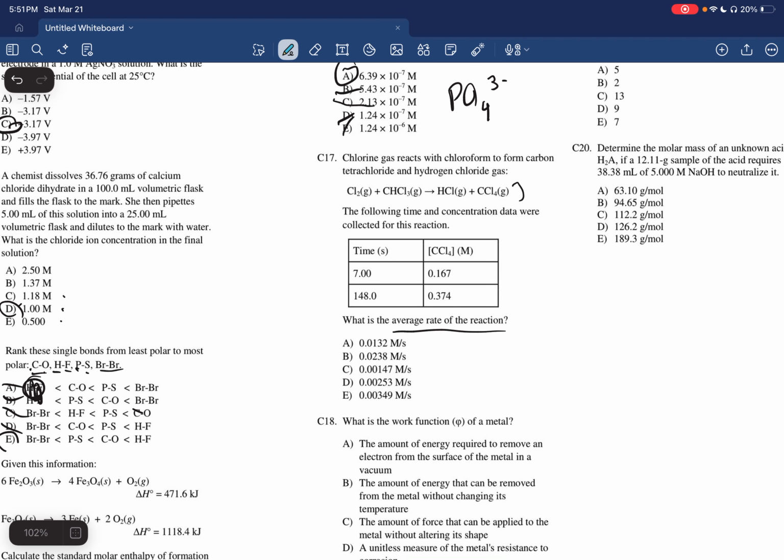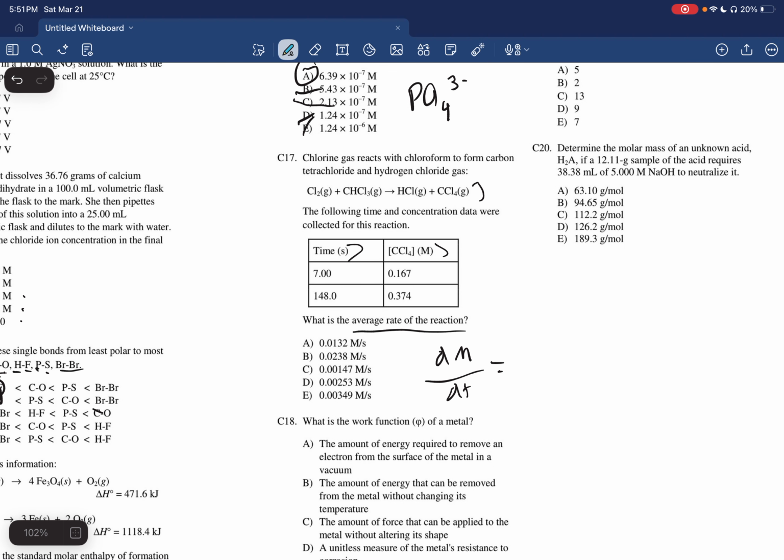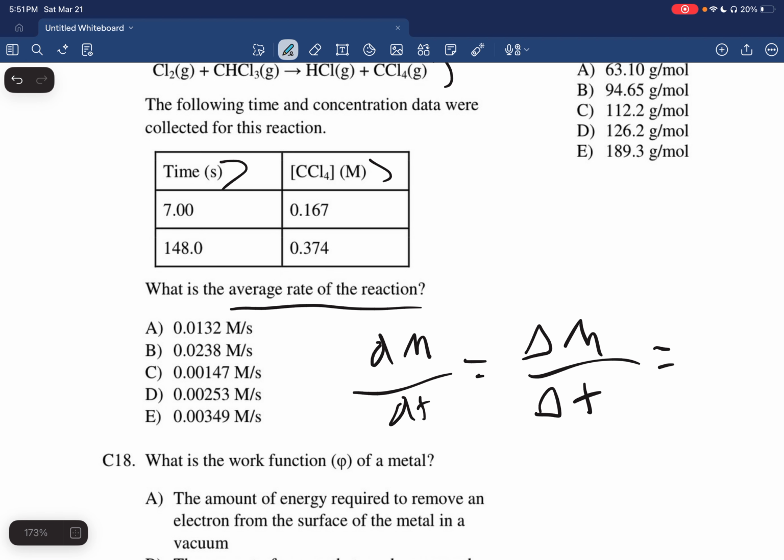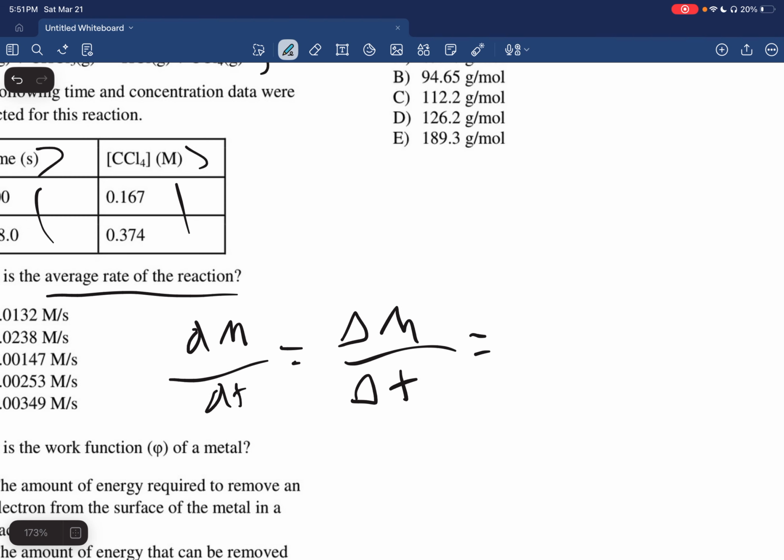Well, if it gives us our time and our concentration, to find the rate of reaction, we just need to do the change in concentration over our change in time, or delta M over delta T. And so we can see that this is just point slope form. We just need the slope of this line, basically.